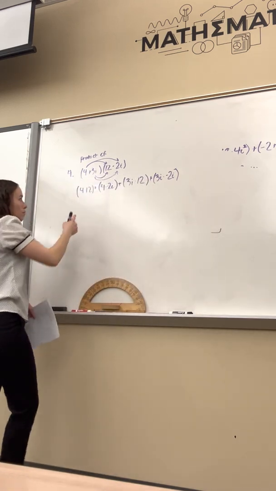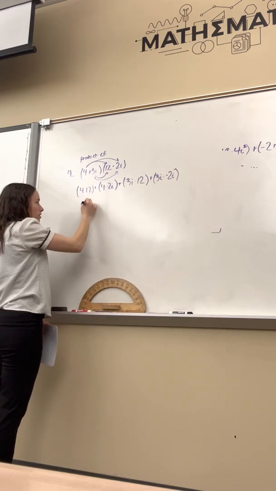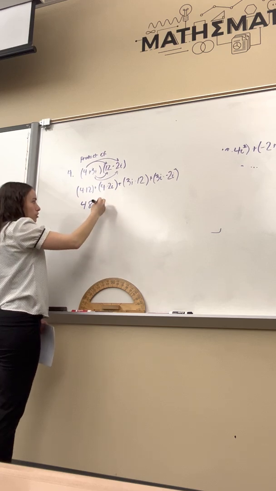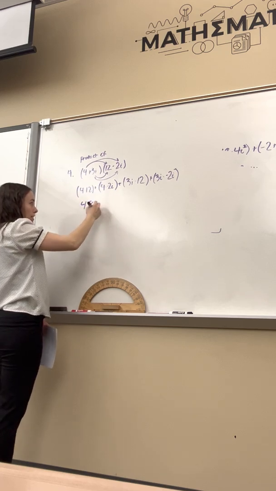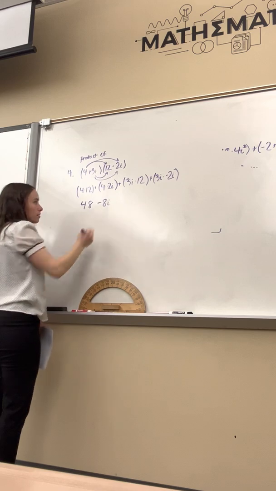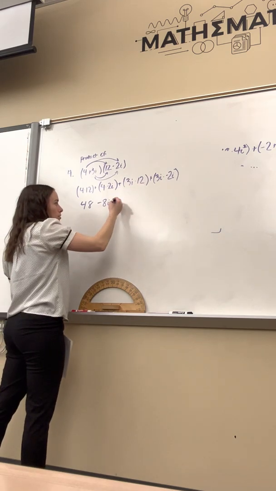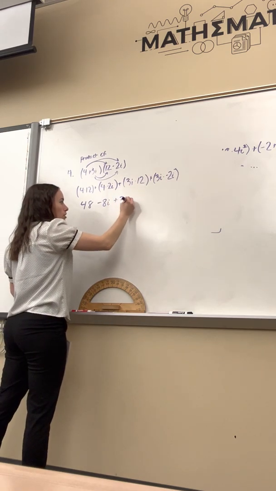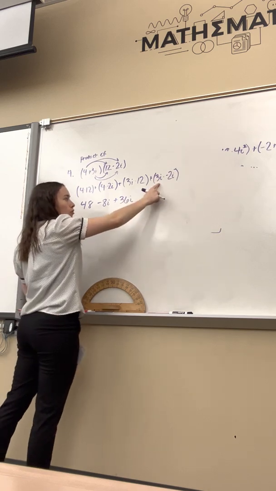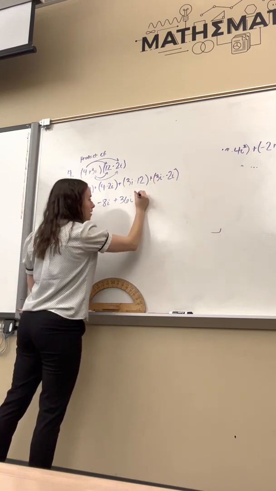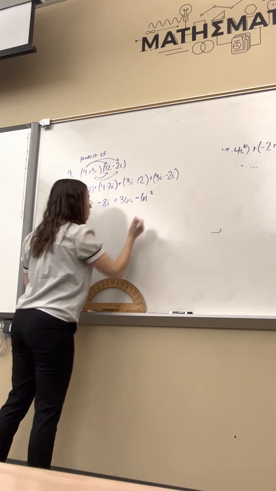Okay, 4 times 12, we get 48. 4 times negative 2i gives us negative 8i, so now we have minus 8i. 3i times 12, we get plus 36i. 3i times negative 2i, we get minus 6i squared.